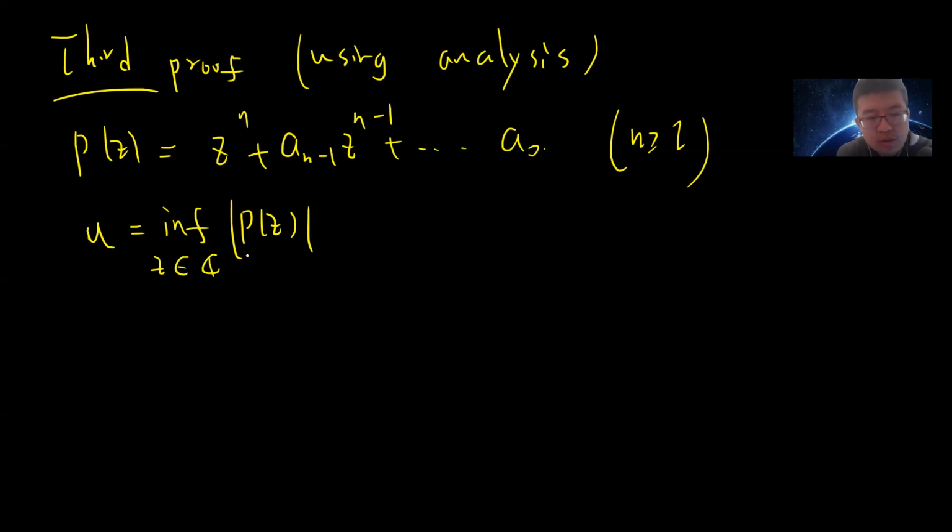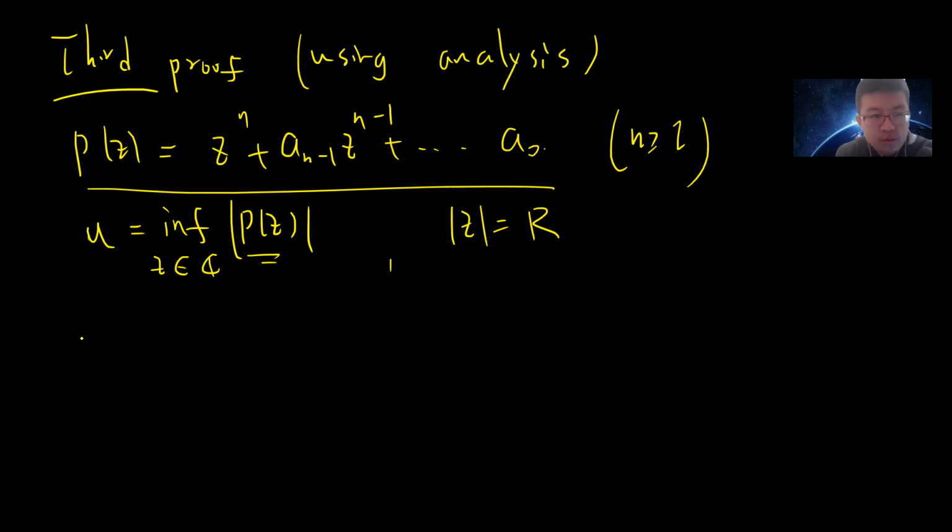The key is analysis. Analysis tells you that this inf exists, because this absolute value is greater than or equal to 0 and we are working in the real numbers, so this inf must always exist. I can consider z on a circle of radius r.